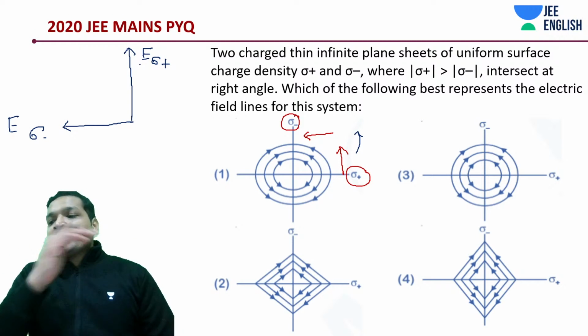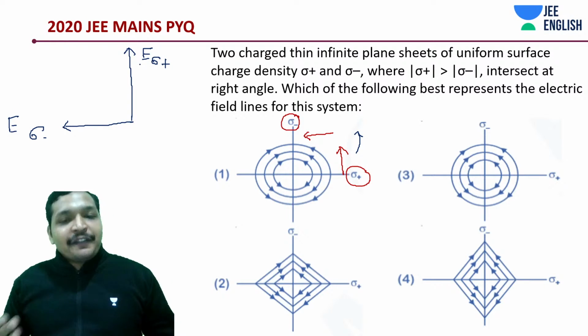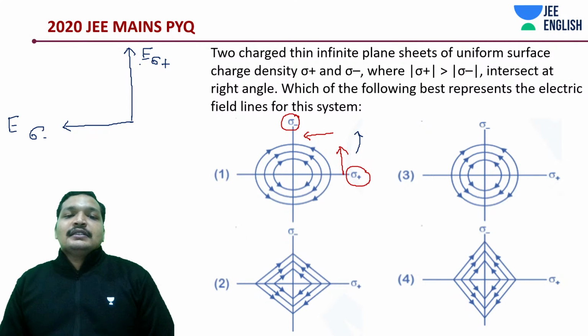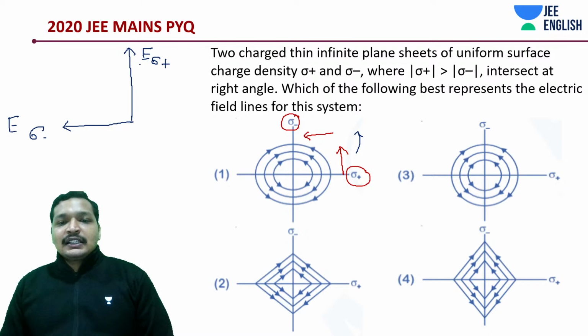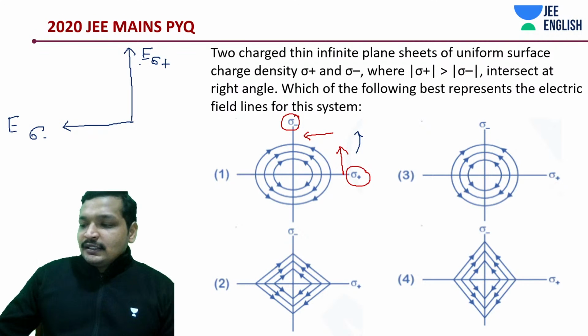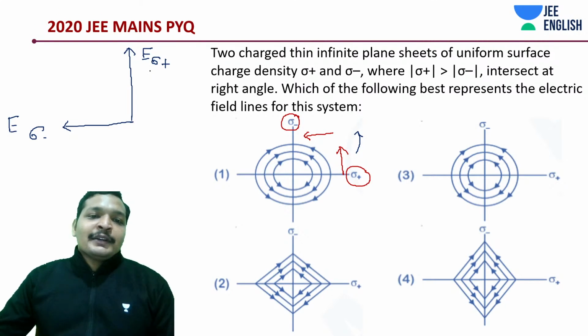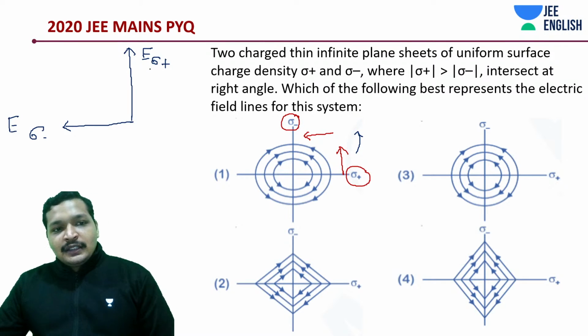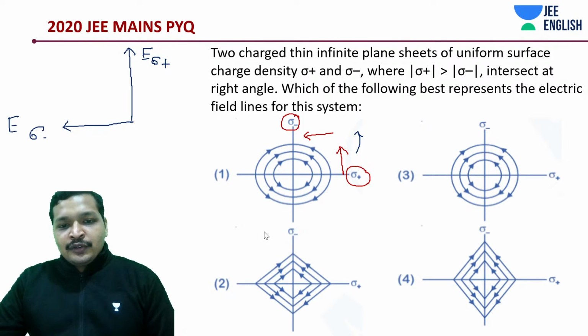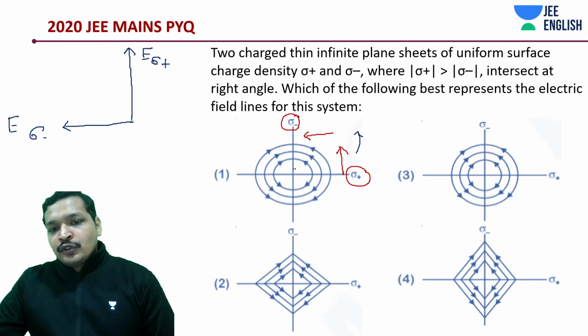First of all, it is not going to be a circle, right? It's definitely not a circle. Okay, so you can directly eliminate option A and B. You move around any of this point at some place, as you move towards plus, its influence should be more.